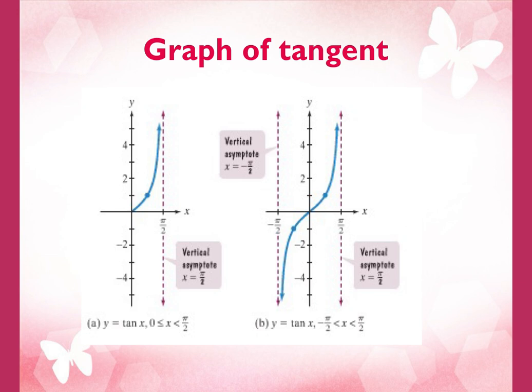When you graph something that is undefined, you get an asymptote. So if you go back to our rational functions, the asymptotes occur where your value would be undefined. For tangent, the parent function of tangent, these happen at pi over 2 and negative pi over 2. And then you're going to have an x-intercept, a point directly halfway between those asymptotes.